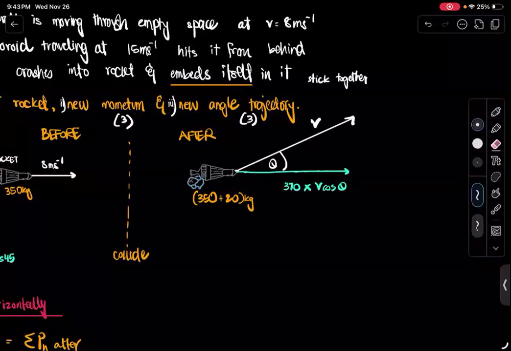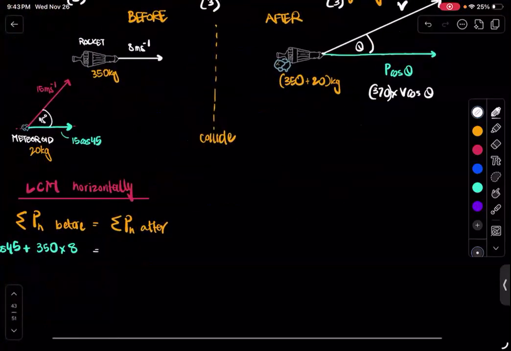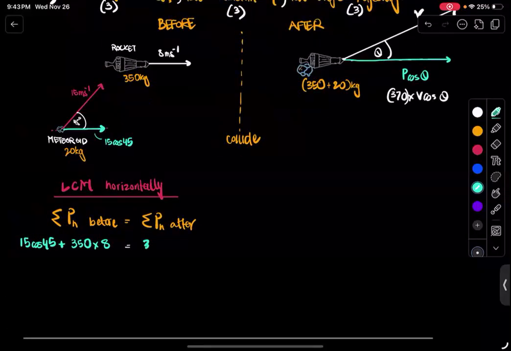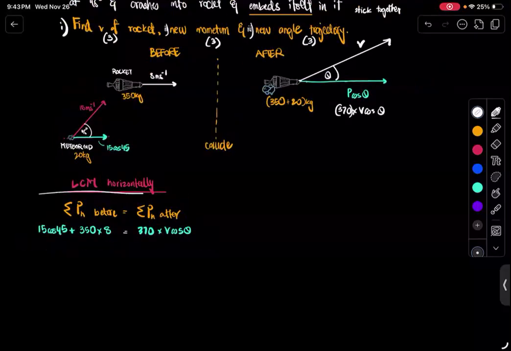Because how do I find the horizontal momentum? That's just P cos theta. And what is P? That's just the total mass times the total velocity, 370 times V. Why? Because they both have the same velocity, so I can use a common mass for that. Cos theta. That means the total horizontal momentum after is just 370 times V cos theta. Okay. Now, I've made an expression for the horizontal momentum.